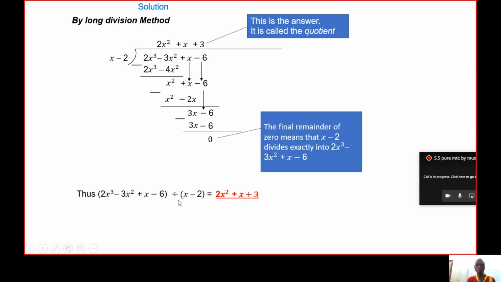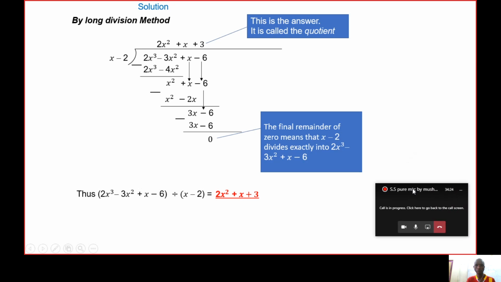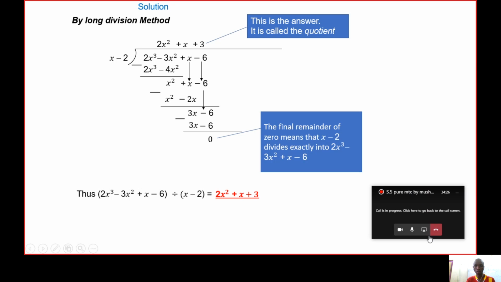So when you divide this by that, this is the answer. And that is how we can divide two polynomials using long division. So members, that is how we can do that. All right?